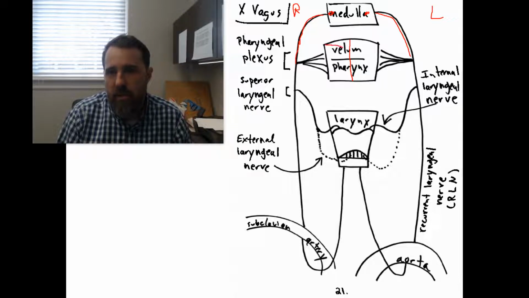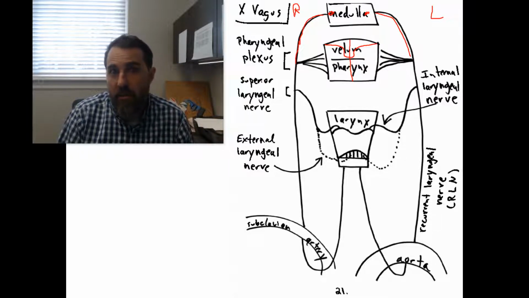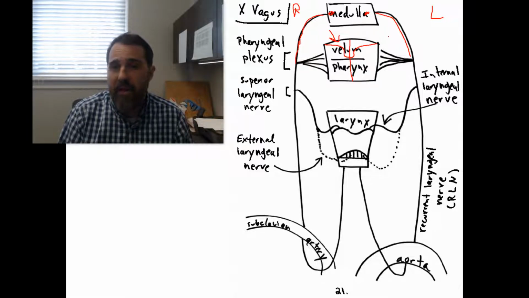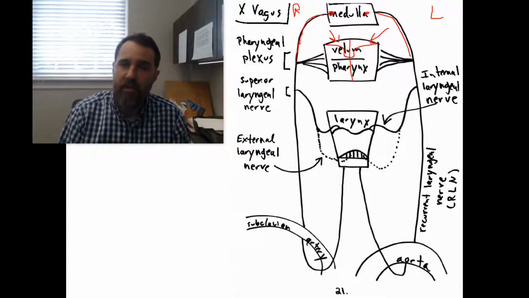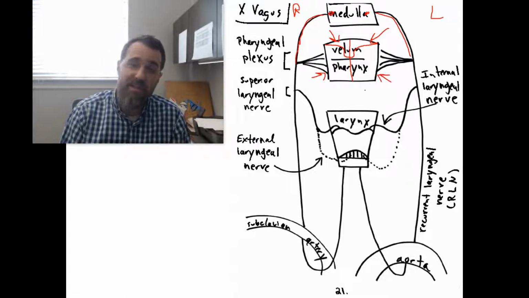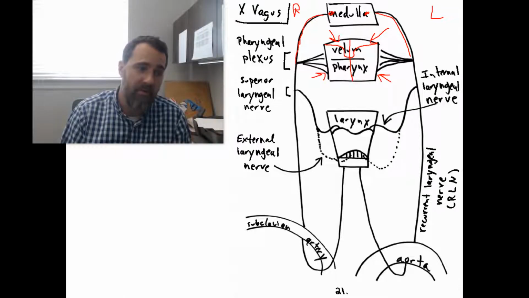So I'm going to draw a little uvula and soft palate up here. The right pharyngeal plexus is going to innervate the right side of the velum, and the left pharyngeal plexus is going to innervate the left side of the velum. The right pharyngeal plexus is going to innervate the right muscles of the pharynx, and the left pharyngeal plexus is going to innervate the left muscles of the pharynx.